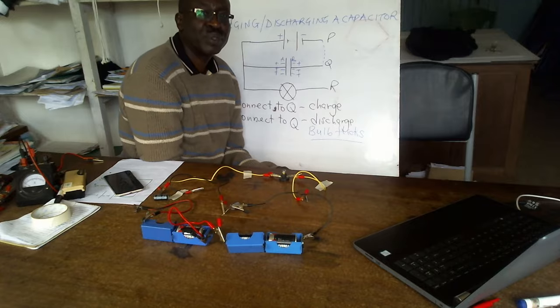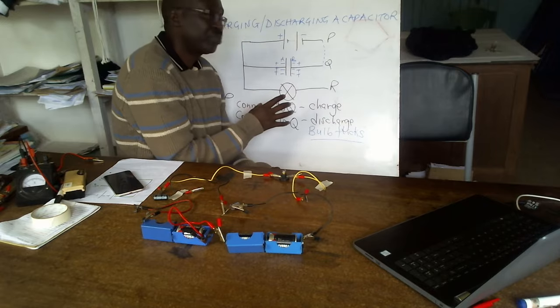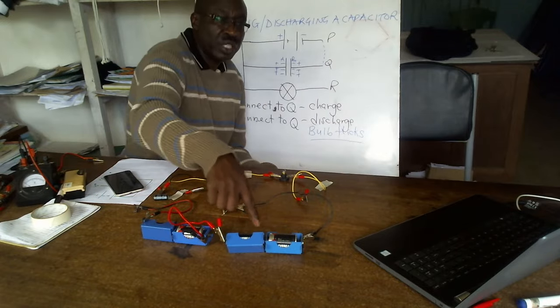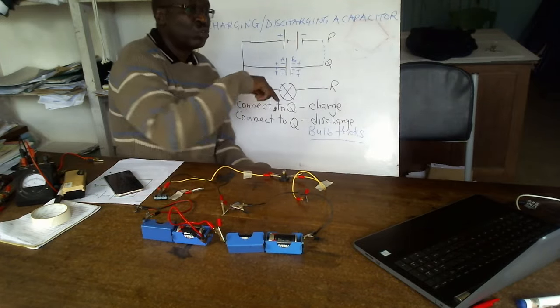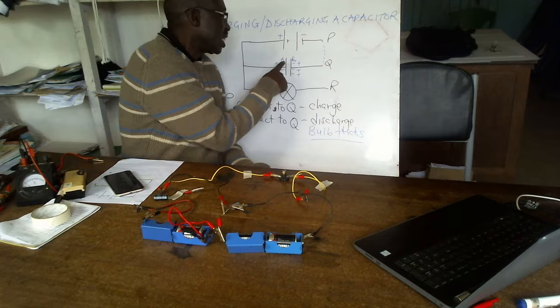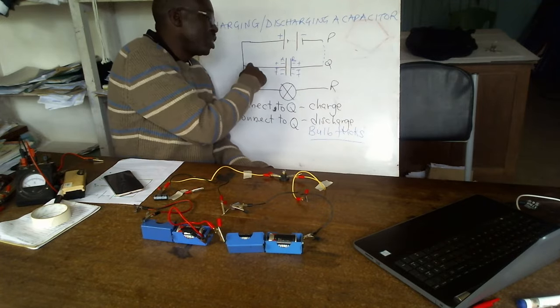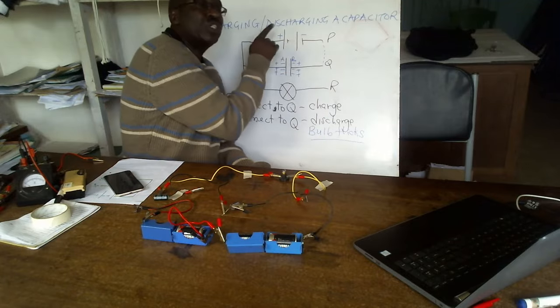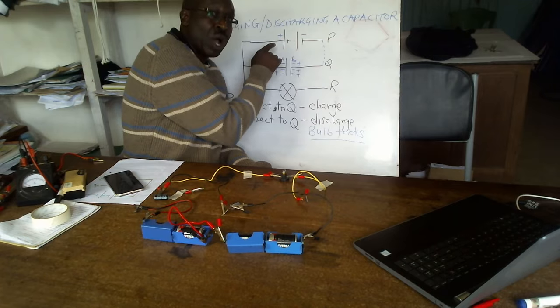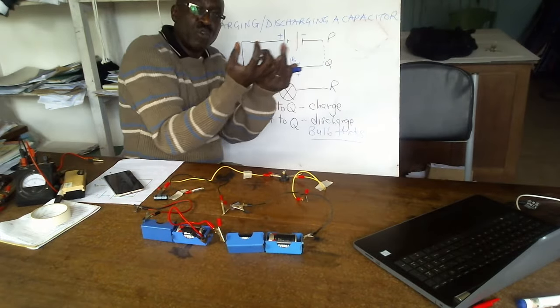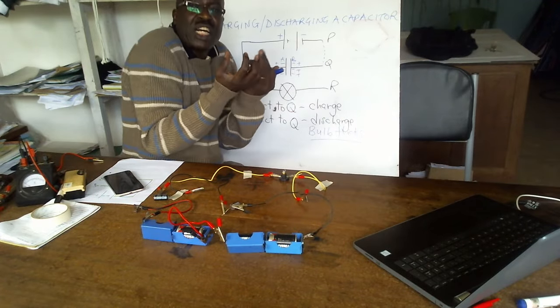Okay. So using my example, this one now is my source. So what happens? The negatives on plate A will be withdrawn by the positive potential of the source. It attracts them.